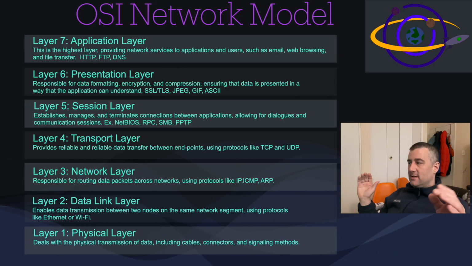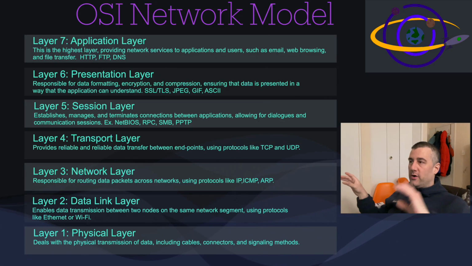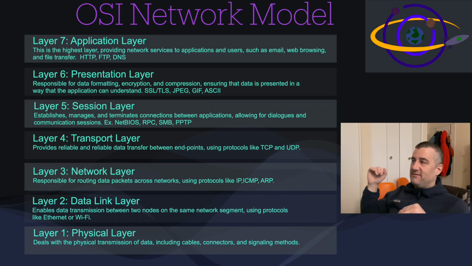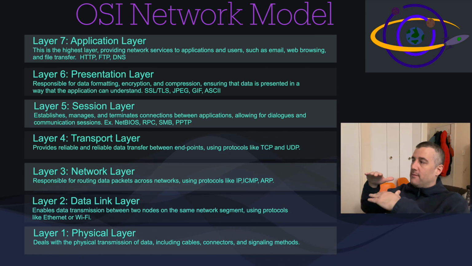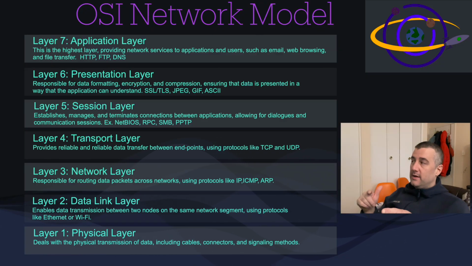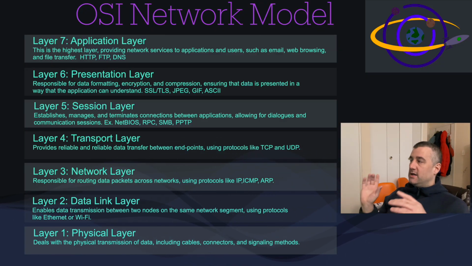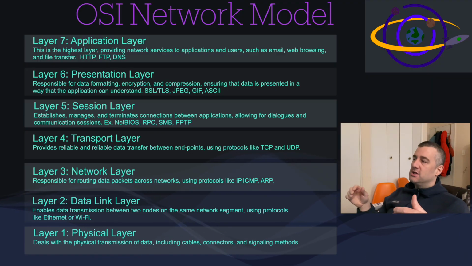Layer 4 handles going from one application to the other, and everything on layers 5, 6, and 7 is just application logic that happens internally within the application. On the other competing network model, the TCP network model, they are all combined into one layer called the application layer.